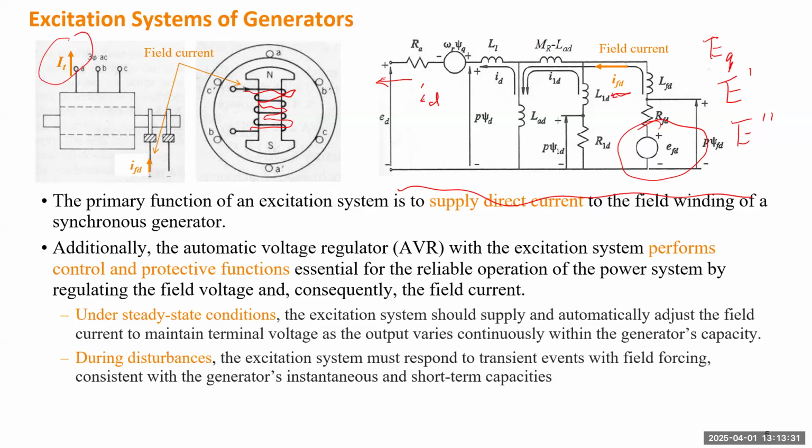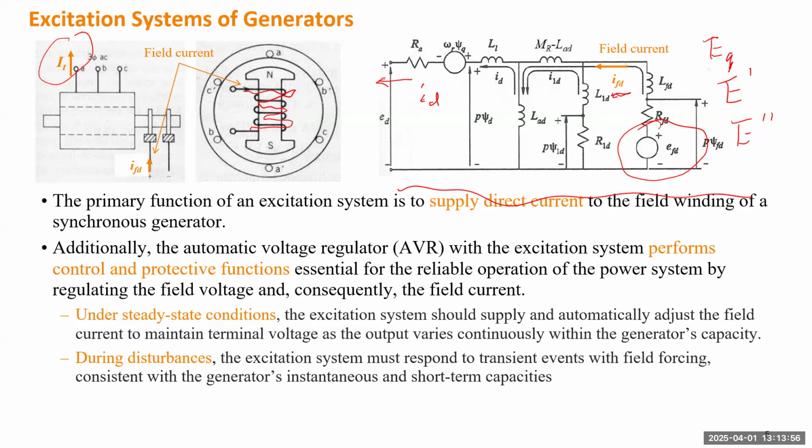When either of those two currents is not too high, there's no concern. But if the current becomes higher, for instance, when there's some disturbance and you want to increase the field current, that will increase the heat generated on that circuit. If it operates over a long time, that can burn or damage that circuit.